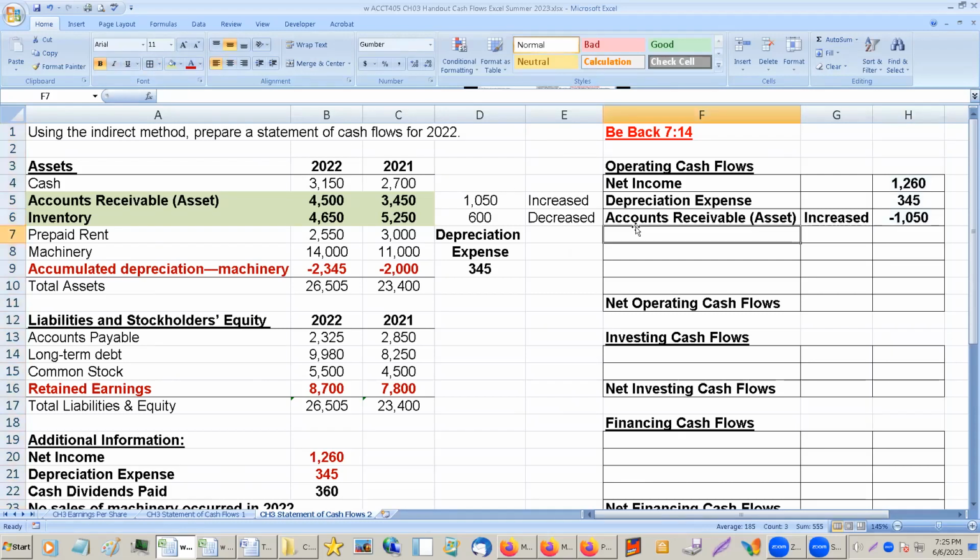By the way, if this stuff looks like it's from Mars, it should. This is probably the first time you've seen it, or maybe you saw it a while ago. Okay, inventory decreased. A decrease in inventory means you must have sold it, so that'd be a plus.